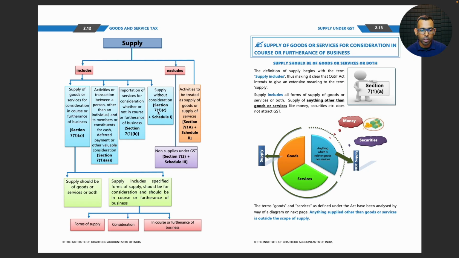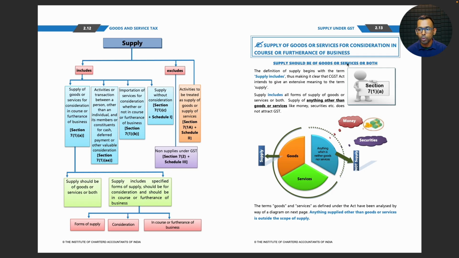Supply without consideration. Section 7 subsection 1 clause c plus Schedule 1. Supply excludes non-supplies under GST. Section 7 subsection 2, Schedule 3. And then activities to be treated as supply of goods or supply of services, section 7 1A, Schedule 2. Supply of goods or services for consideration in course or furtherance of business.